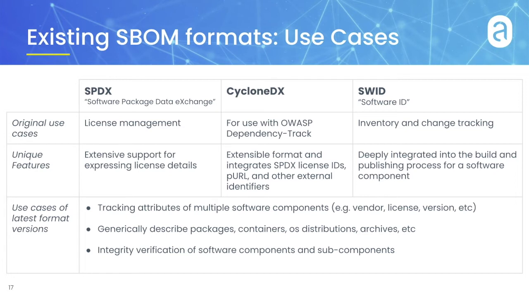They've gone outside of their original use case, and they're more generic, where they can track attributes of multiple software components and all the metadata associated with them, and the relationships between them. They're able to describe more than just a set of packages, and they're able to provide metadata that's useful for checking the integrity of the software components and constituent components.